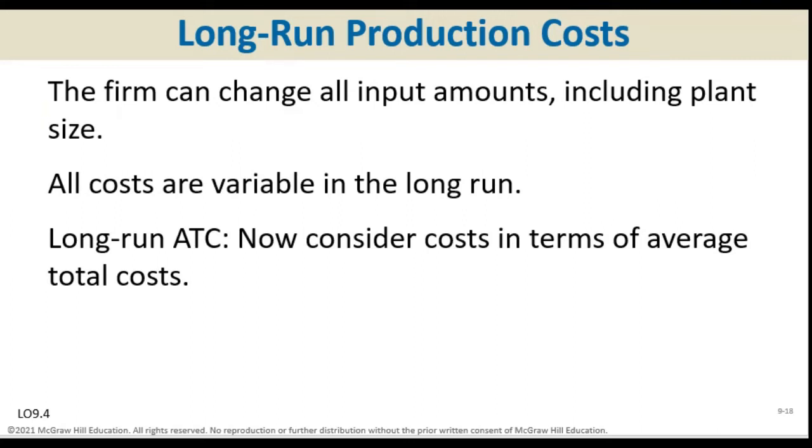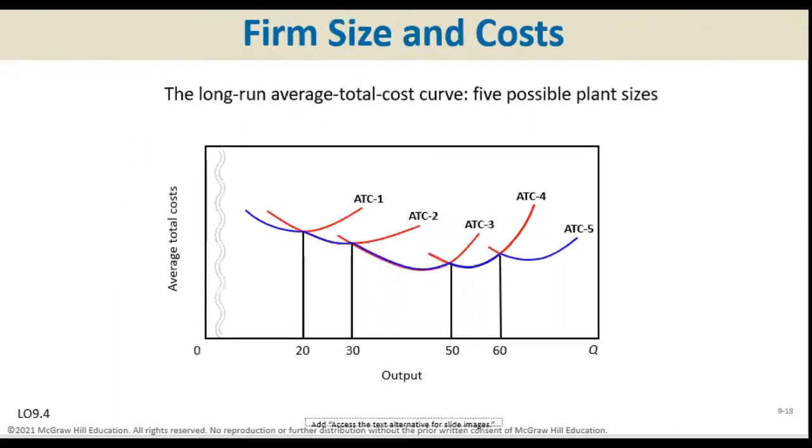So all the resources become variable, right? Therefore, in the long run, we don't have any fixed costs, because all the costs become variable in the long run. So here you can make a distinction between the short run, when you have the presence of fixed cost, and the long run, when you don't talk about fixed costs anymore.